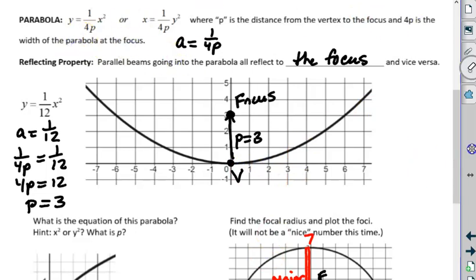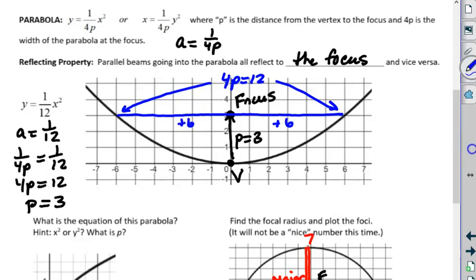So if I were to draw a line through the focus perpendicular to that line from the vertex to the focus, this length is 4p, or 12 units long, from here to here. So this is +6, and this is -6 in this direction, so we're going 6 units in each direction.